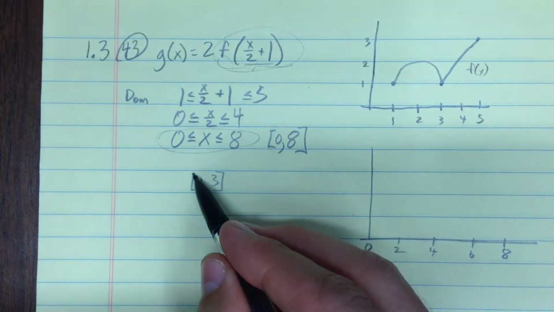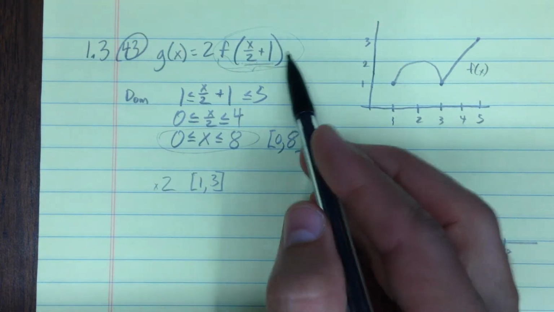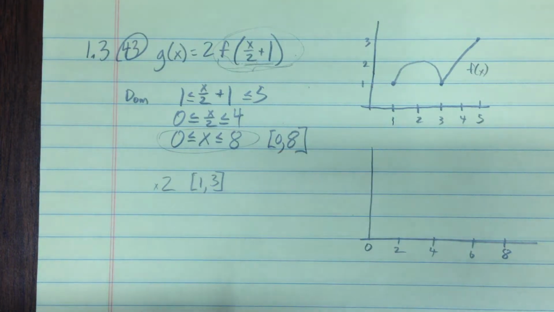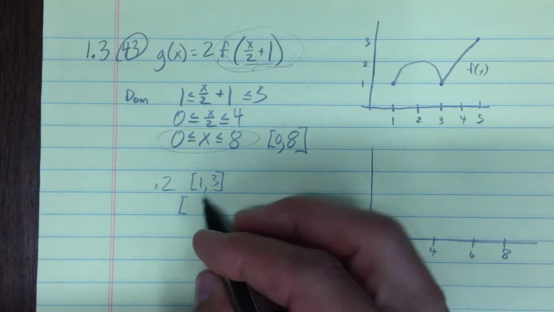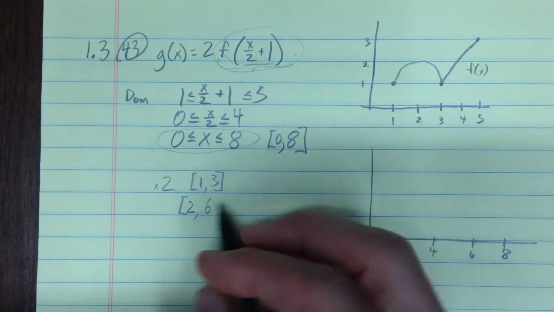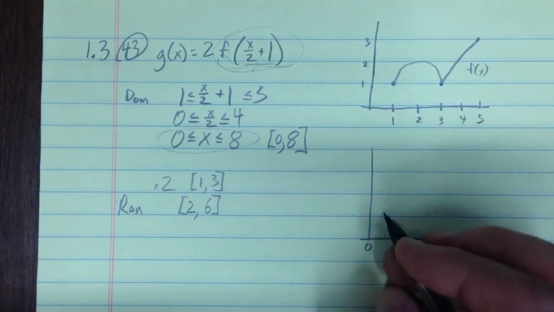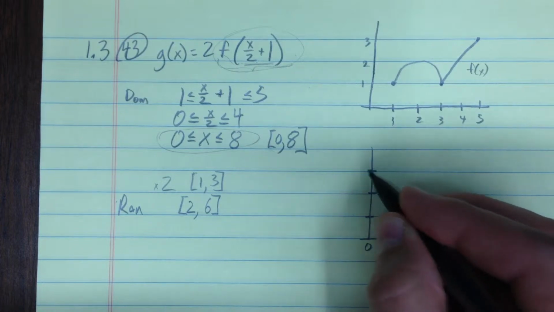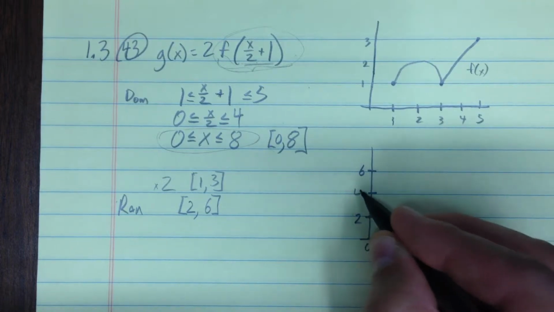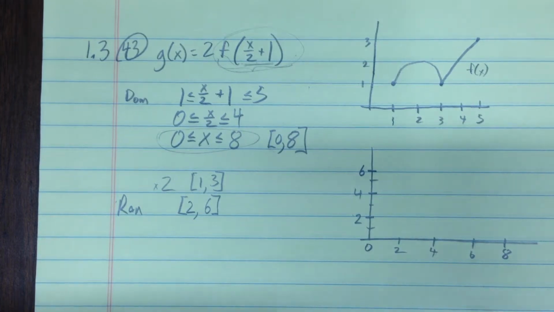This is going to stretch it vertically, so I'm going to multiply the whole thing times 2. If there was a vertical shift, I would add whatever the vertical shift was to it. So this now becomes 2 to 6. That's the range. Okay, so I know that I'm going 0 to 8. I know that I'm going 2 to 6.